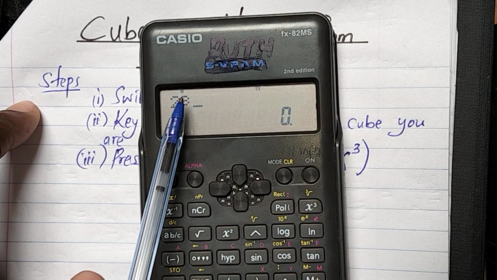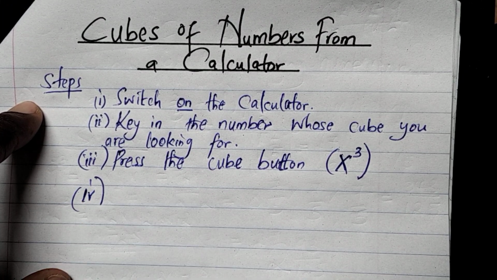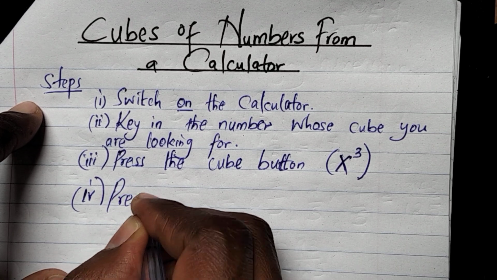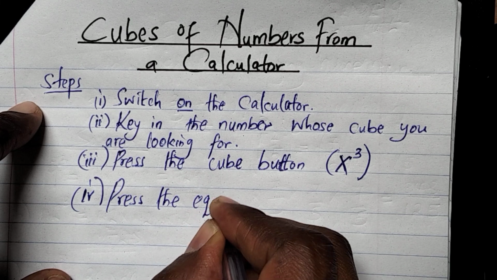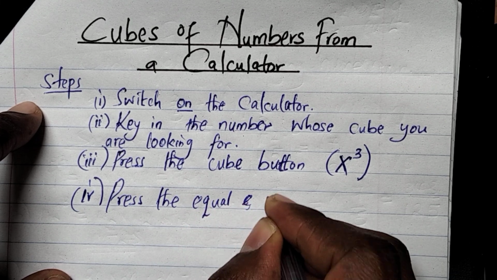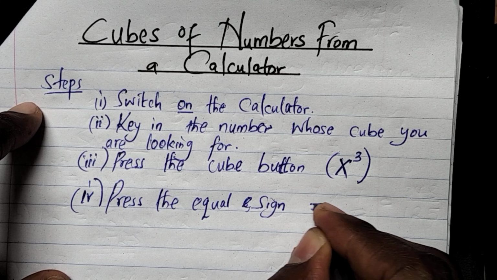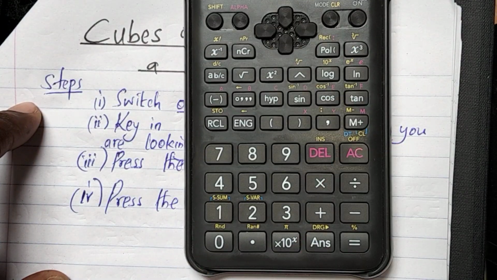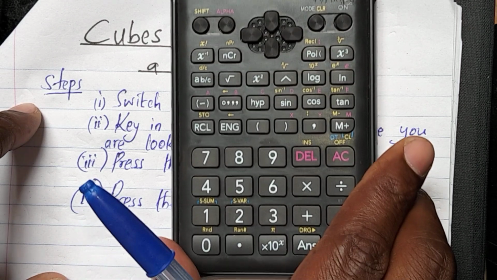And the fourth step, and probably the last one, press the equal sign. So the equal sign is also down there. I would press it like this and see what we have on the screen.